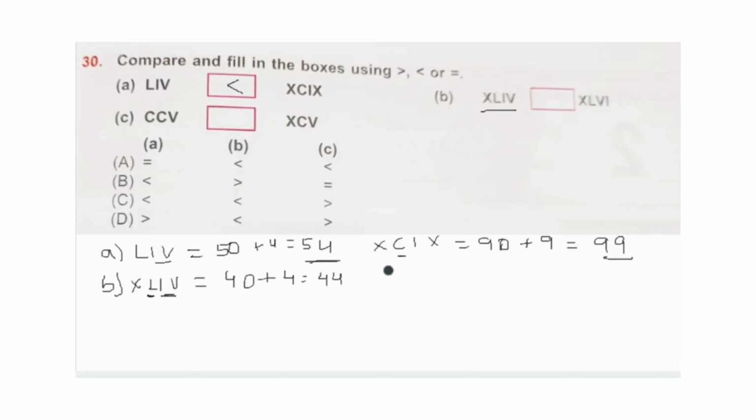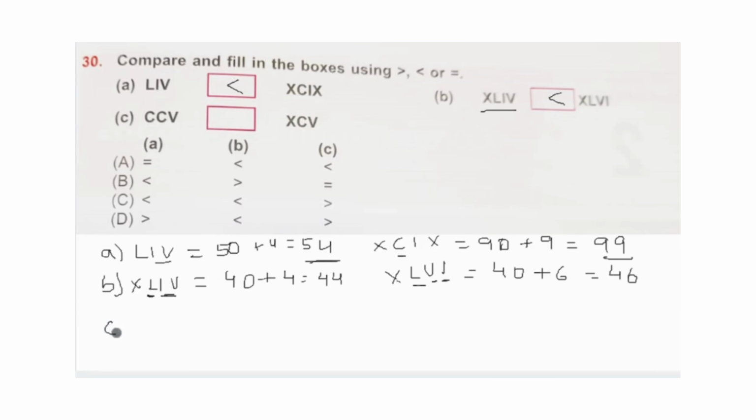Now the next is XLVI. Now here there is an X before L again, right? So it's 40 plus V is 5 and 1 is added to 5, so it becomes 6. It becomes 46. Now we know that 44 is less than 46. So here we will have a less than symbol.